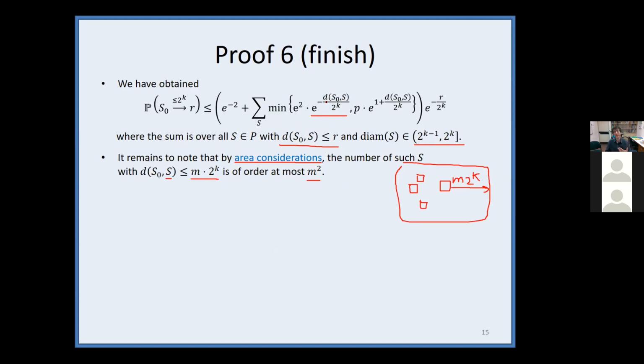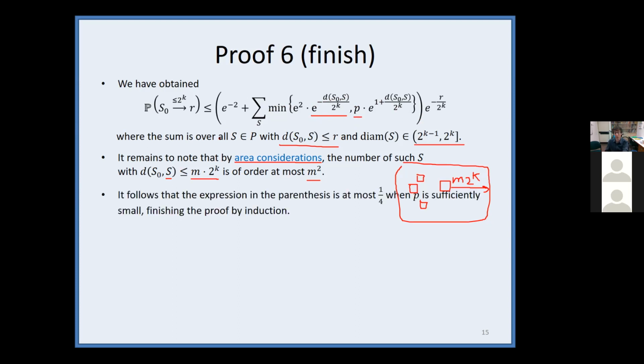So it's easy to make this summation and observe that only the squares s which are close to s naught make a significant contribution. For these squares, I can take p very, very small. And in this way, I can make what is in the parenthesis less than a quarter. When it's less than a quarter, this is what I wanted to show. So it finishes the proof by induction.